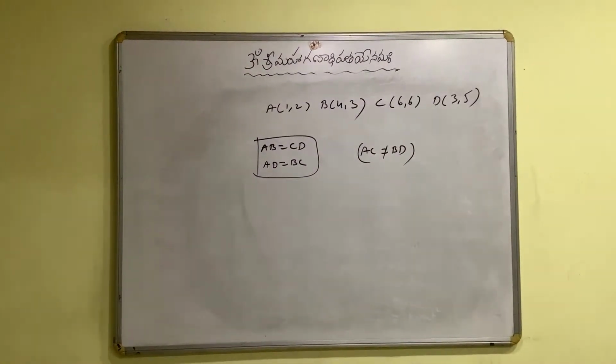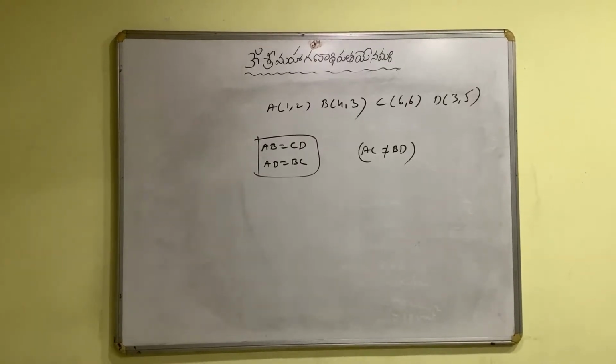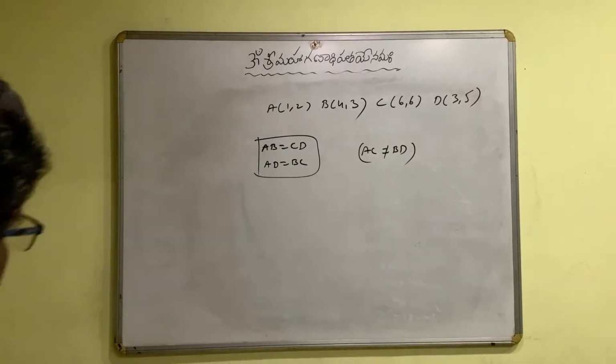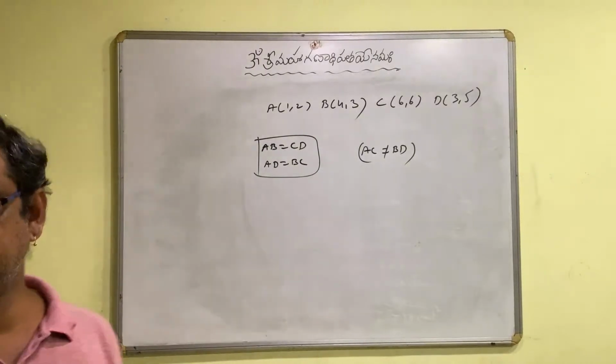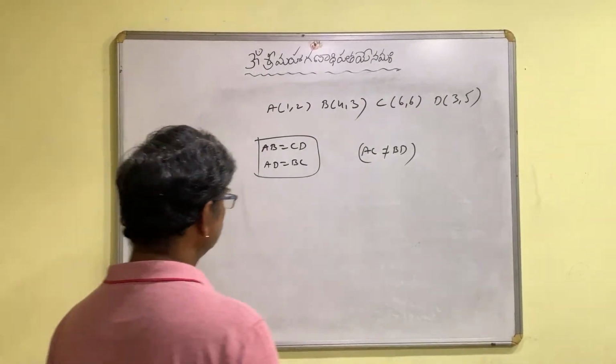They form a parallelogram only, not a rectangle. Okay? Opposite sides are equal, diagonals are not equal. So it is a parallelogram. So do that, children.